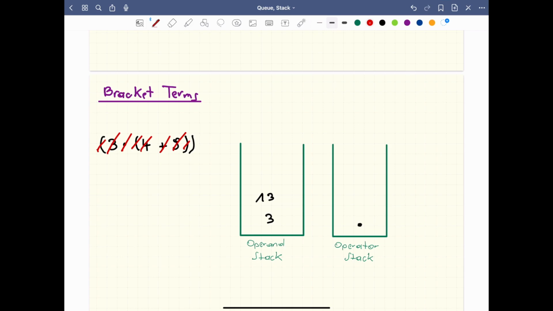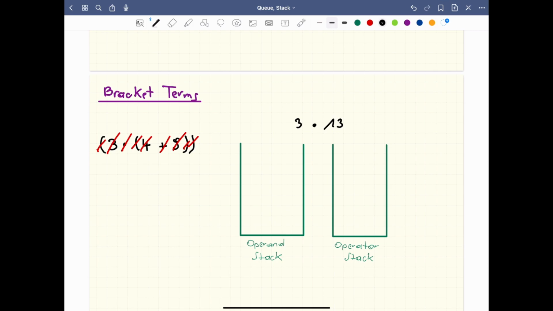So let's just drag it through here. And once again, we put the very first operator from the operator stack. There was only one. Then we pop the first element from the operand stack to the right-hand side of the operator, and the next one to the left-hand side. We have our term here. We evaluate it.